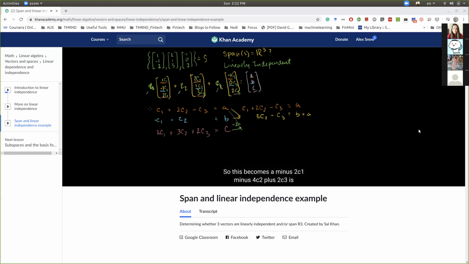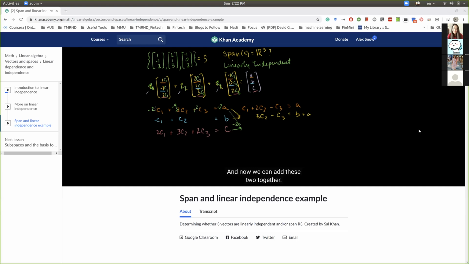So this becomes a minus 2C1 minus 4C2 plus 2C3 is equal to minus 2A, right? If you just multiply each of these terms, I want to be very careful. I don't want to make a careless mistake. Minus 2 times C1, minus 4, plus 2, and then minus 2.